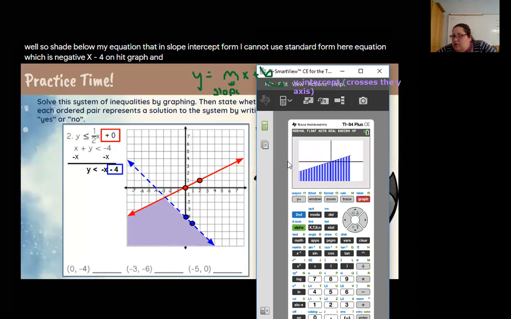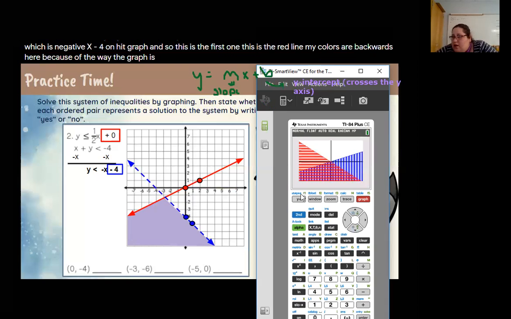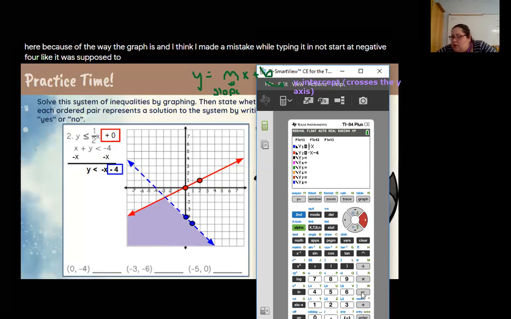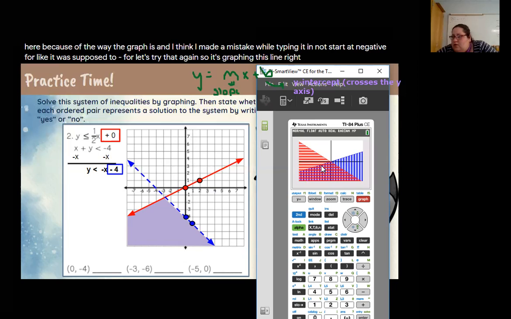And so this is the first one. This is the red line. My colors are backwards here because of the way the graph is. And I think I made a mistake while typing it in, because it did not start at negative 4 like it was supposed to. Minus 4. Let's try that again. So it's graphing this line right, but it's graphing the red line wrong.